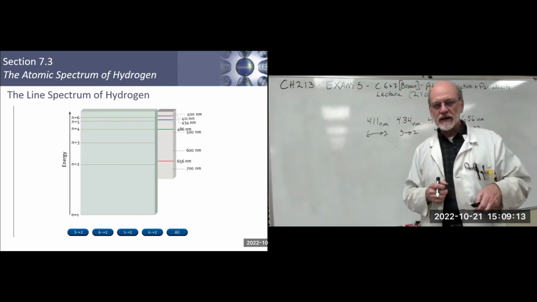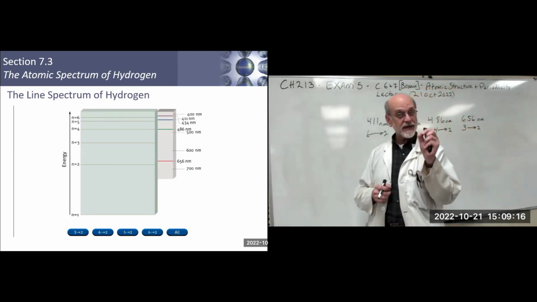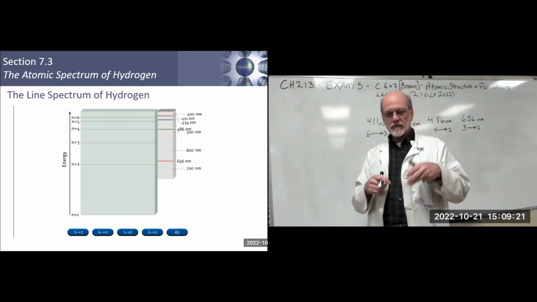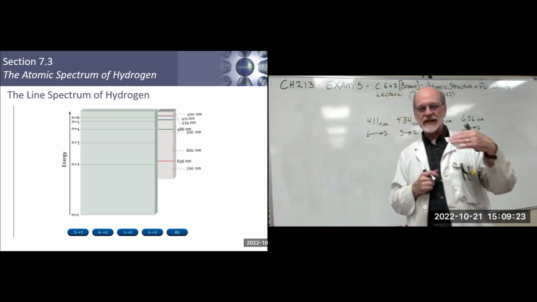We're going to describe exactly what those n numbers mean in just a few minutes. But for now, just look at them as different energy levels.